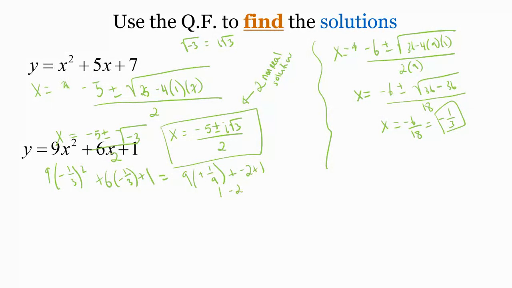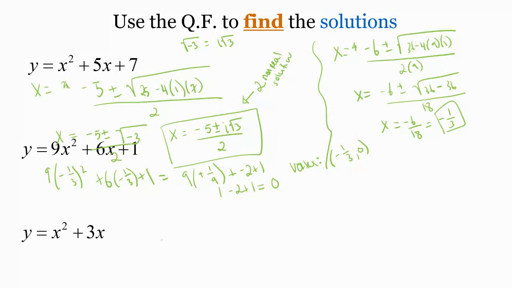This is just 1 minus 2 plus 1, 0, right? Which makes sense. That's why I only got one solution there. So that means that the vertex, and you guys can check me on this one, if you went into your calculator to graph this, which eventually we're not going to need to, you would get (-1/3, 0) as the vertex. So it's just -b over 2a.